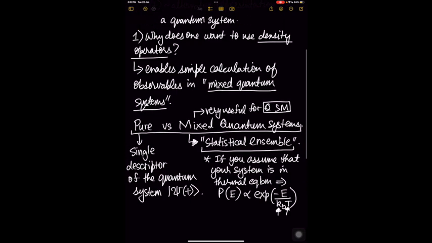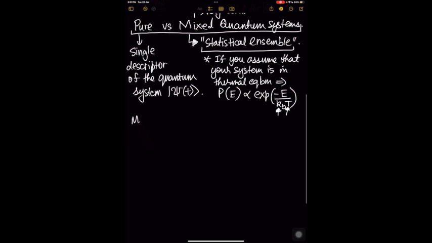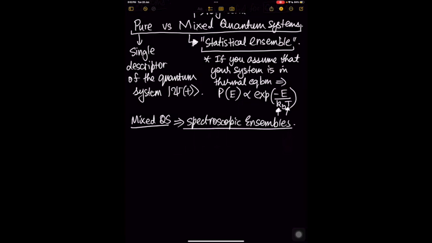Mixed quantum systems are often what you find in spectroscopic ensembles. So in spectroscopic ensembles, you generally have mixed quantum systems.